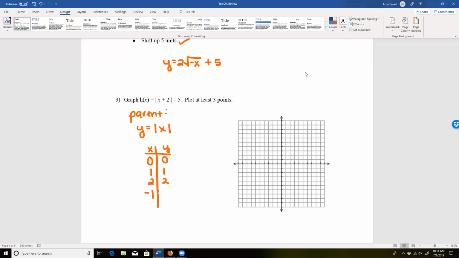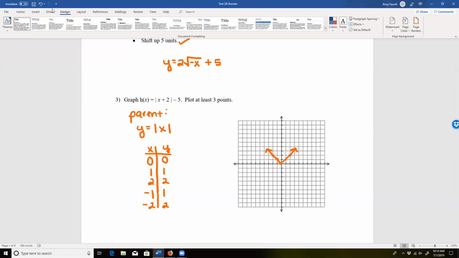If I plug in -1, the output is still 1 because we're taking the absolute value of -1, which would be +1. And -2 would give me 2. So let me go ahead and graph this parent. I've got (0, 0), (1, 1), (2, 2), (-1, 1), (-2, 2). So my parent function is a V-shaped graph.